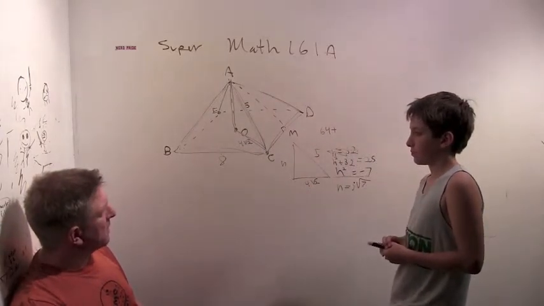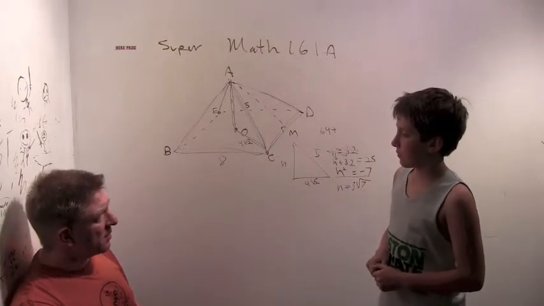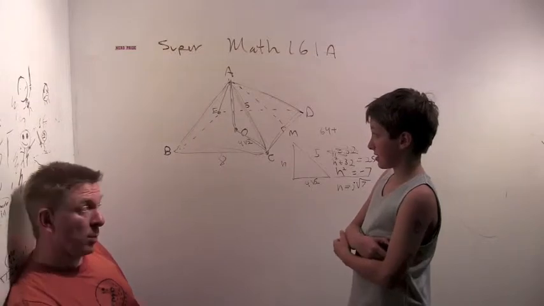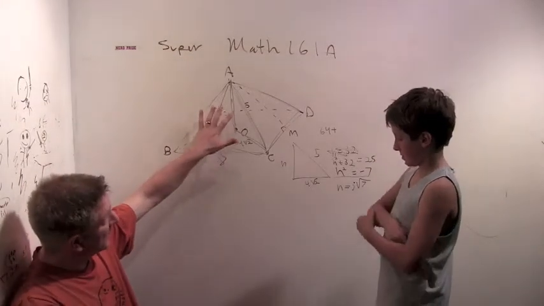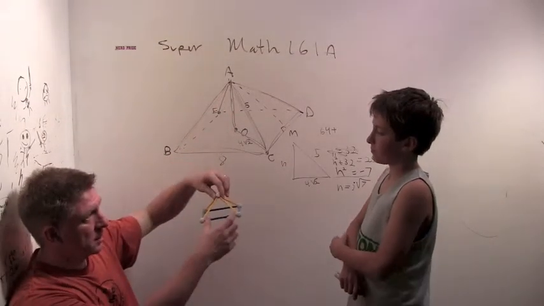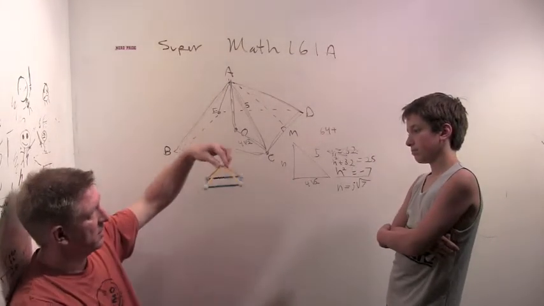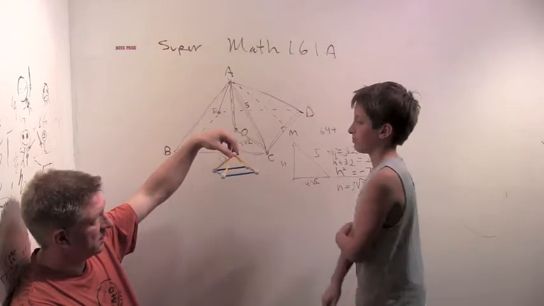So what does that mean? What's going on here? Well, that means this doesn't exist. Okay, but why not? It seemed like we had triangle inequality. Seems like everything was okay here.